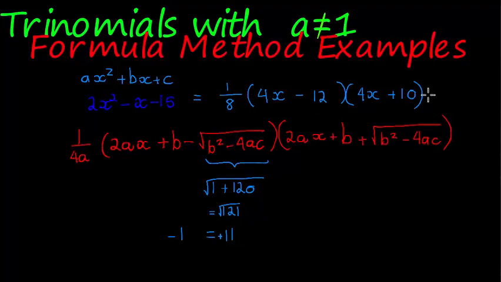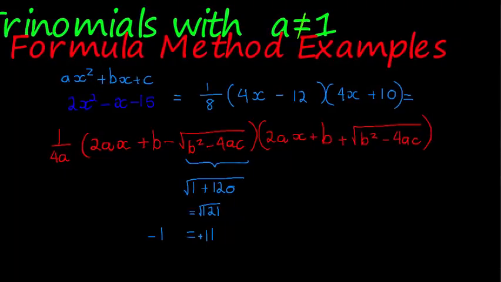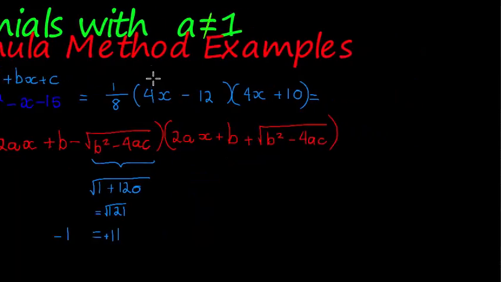So if I do take out a 4, I'm left with 1 over 2. And here I can see I'm taking out a 2 as a common factor. I've taken out a 4 from here, and I'm going to take out a 2 from there. When I take the 4 out, 4 goes into itself once, into 8 twice, so I'm going to be left with a half.